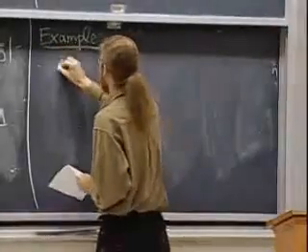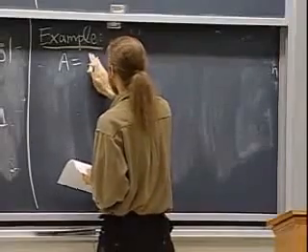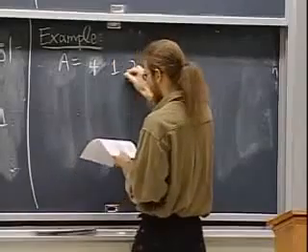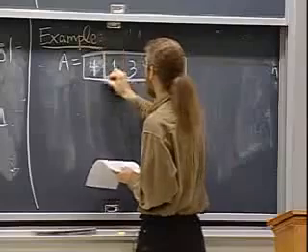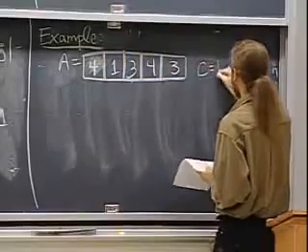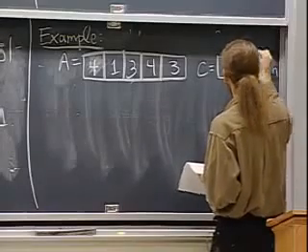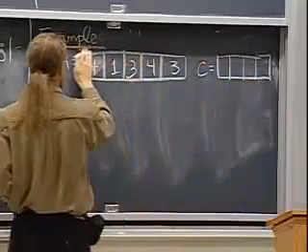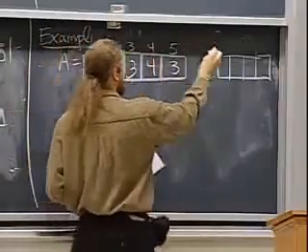So let's take an array A: 4, 1, 3, 4, 3. And then I want some array C. And let me add some indices here so we can see what the algorithm is really doing.